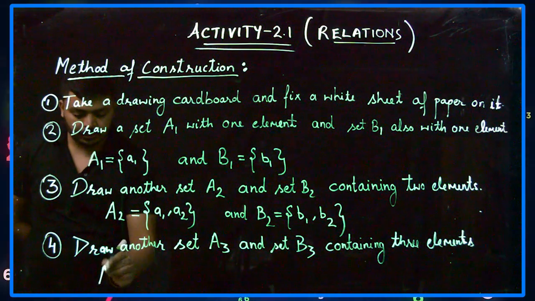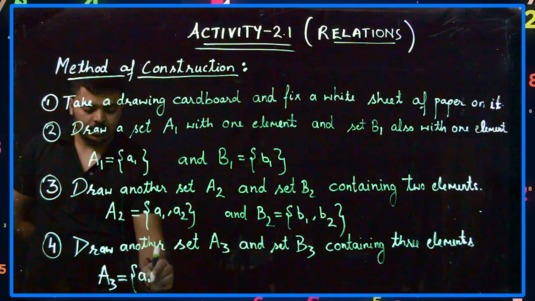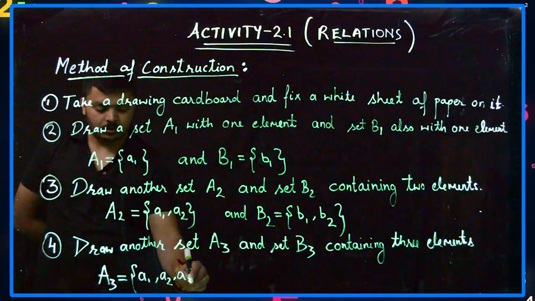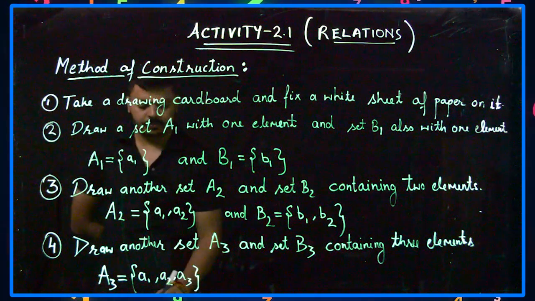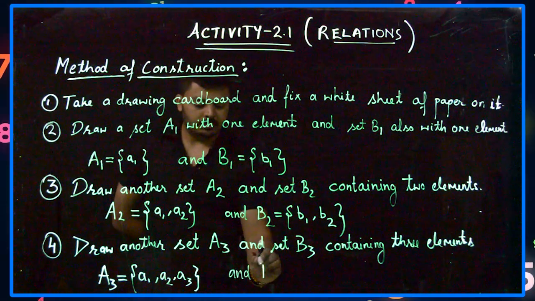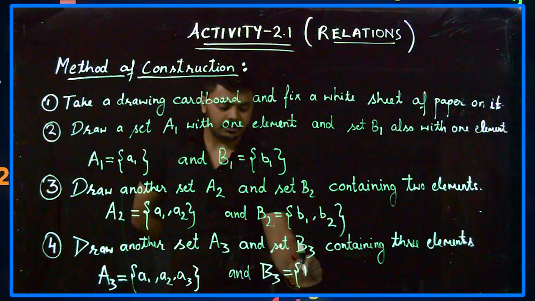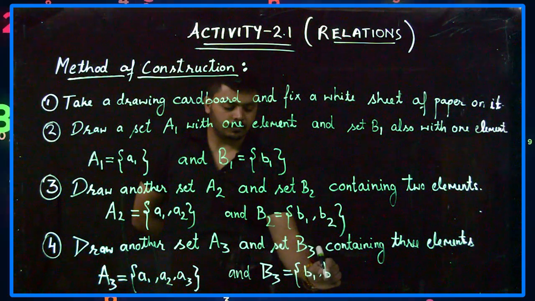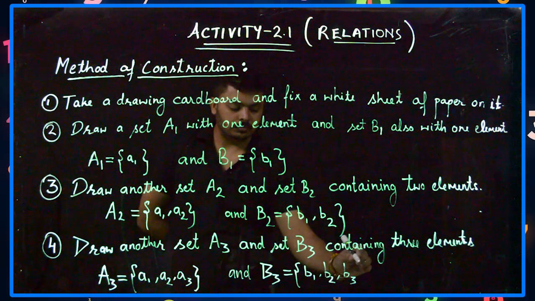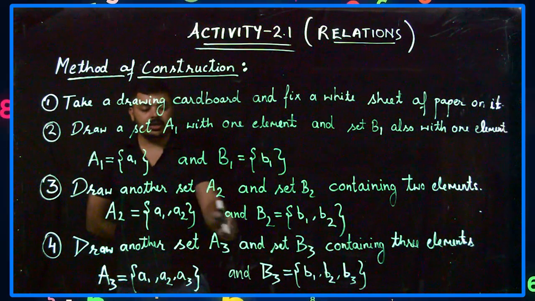That is, set A3 is equal to A1, A2, A3, three elements, and set B3 has three elements B1, B2, B3. Three elements in A3 and B3.